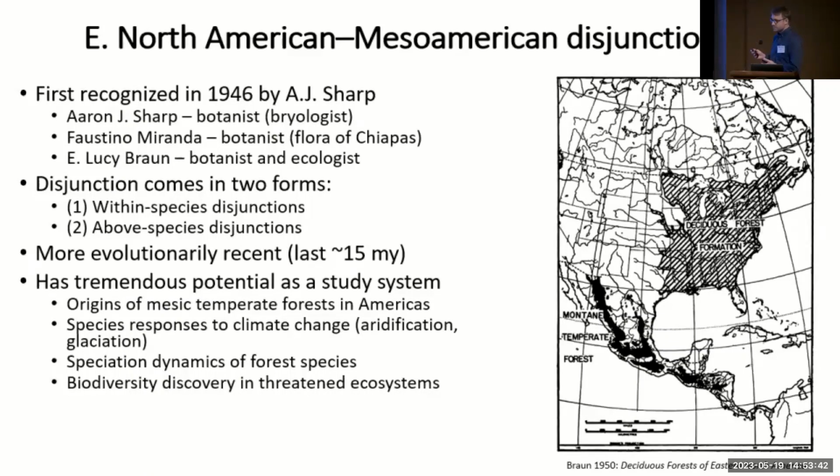And it's an interesting pattern in that it's very evolutionarily recent. If we think about other major disjunction patterns that are studied, such as pantropical or Eastern North American, Eastern Asian, those are a little bit older.